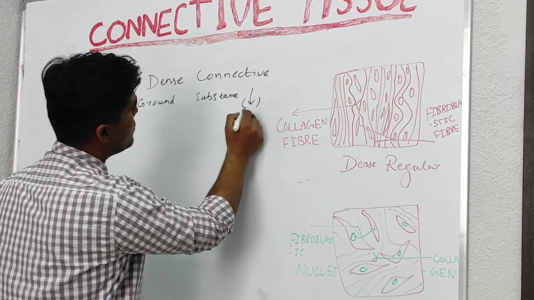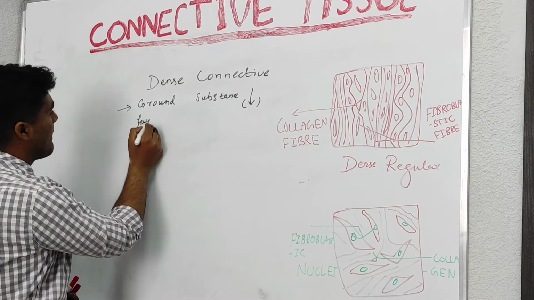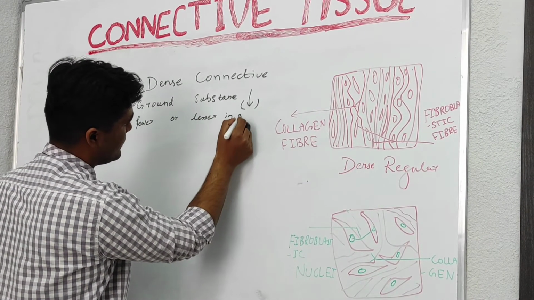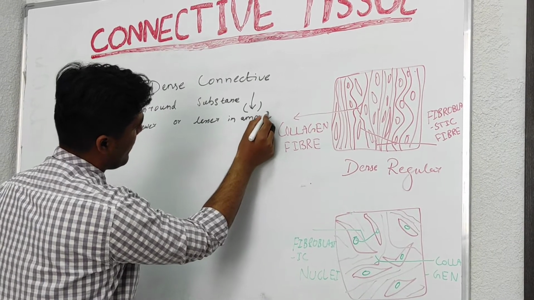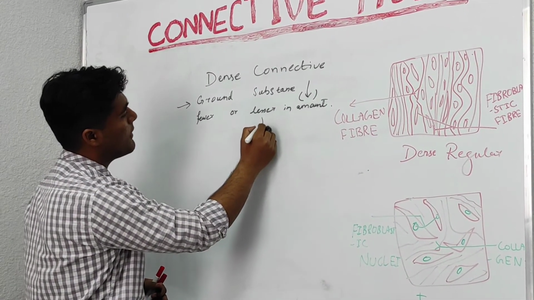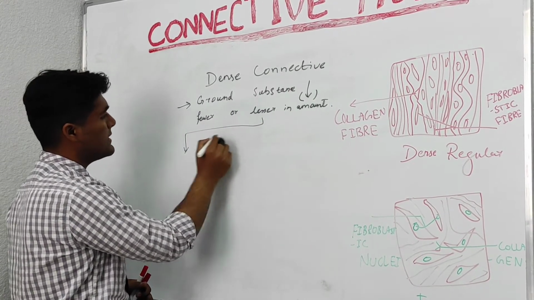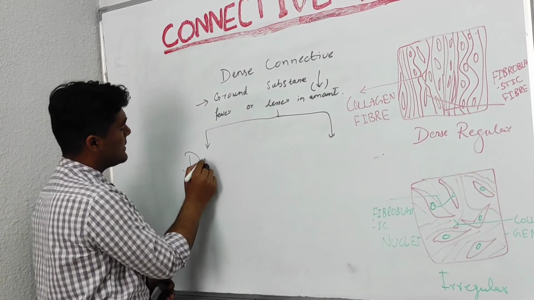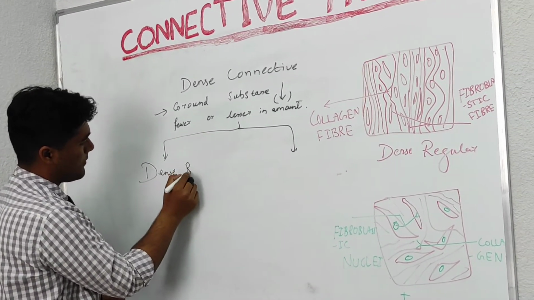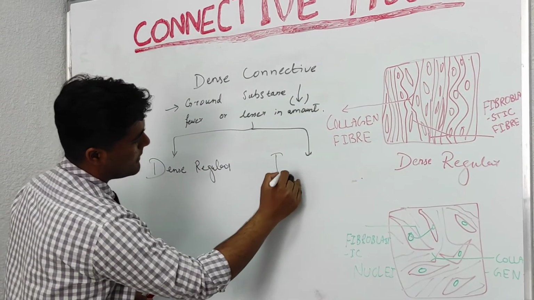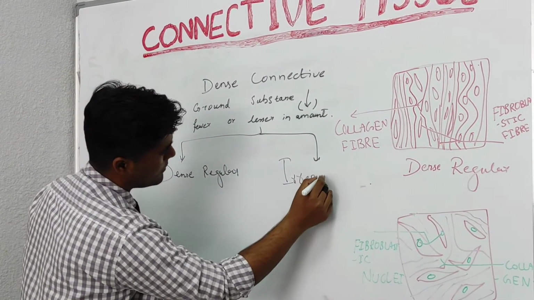Now talking about its types, we have two basic types of dense connective tissue. First is dense regular connective tissue, and second is dense irregular connective tissue.